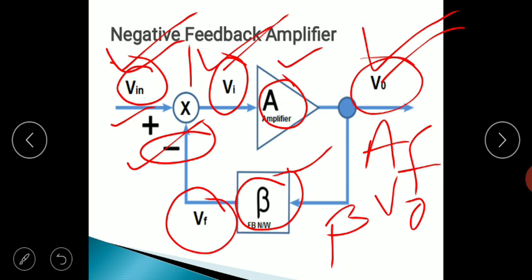Now if you understood all this, within 2 to 3 steps we can derive the voltage gain of a negative feedback amplifier, which is a very important derivation.